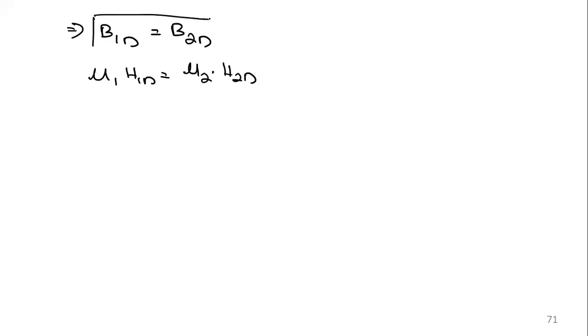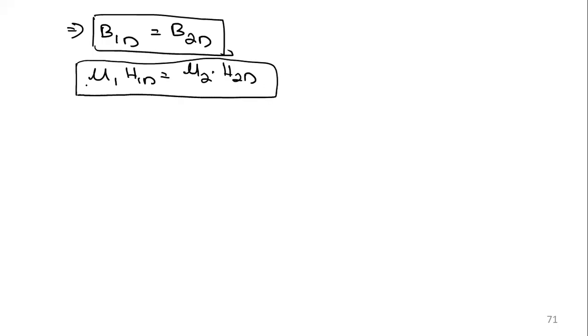This makes B1n equal to B2n, the normal components of 1 and 2. Also you know that mu1 H1n is equal to mu2 into H2n. So these are the two equations we have: B1n is equal to B2n, and mu1 H1n is equal to mu2 into H2n. That is all about the normal component.